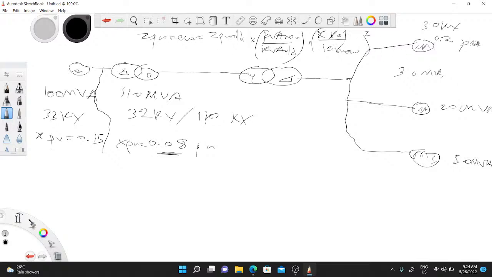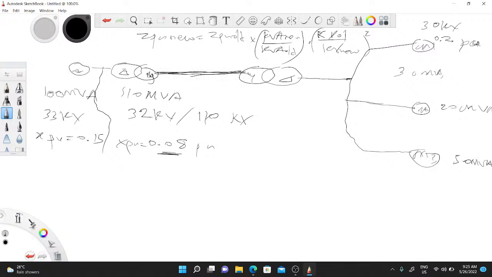All right. So the first part of the question says: using the generator rating as a base quantity in the generator circuit, determine the base quantities in other parts of the system. So we can find the base quantity on this transmission line, the point of connection between them.